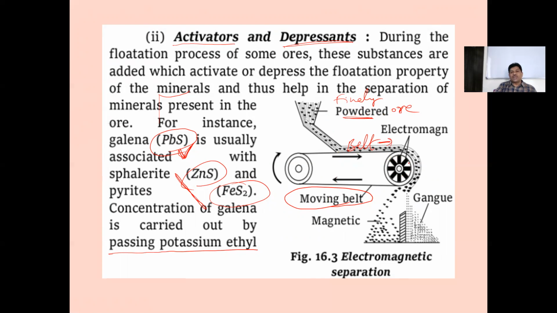This front wheel is the magnetic wheel. When the ore particles come down vertically on the belt, the ore particles and the impurities are separated. The magnetic particles will be separated below the wheel, and the non-magnetic gangue will be thrown away.